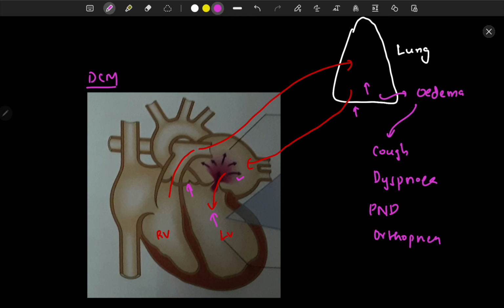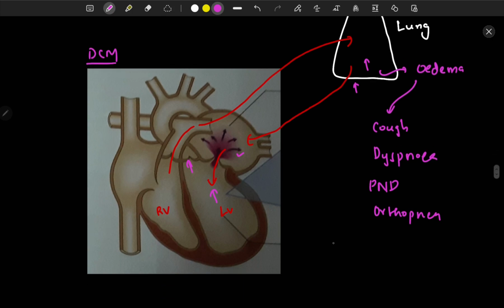At the lower base of the lung you can find crepitations.